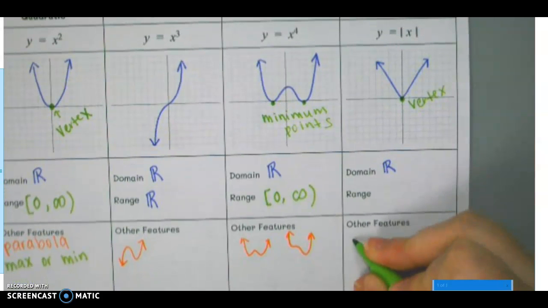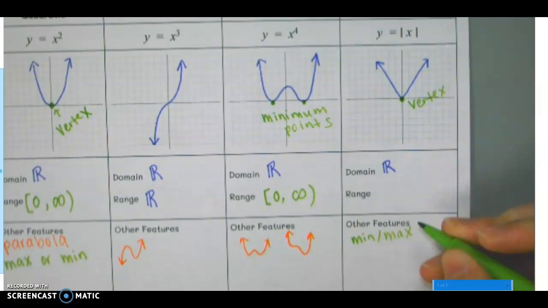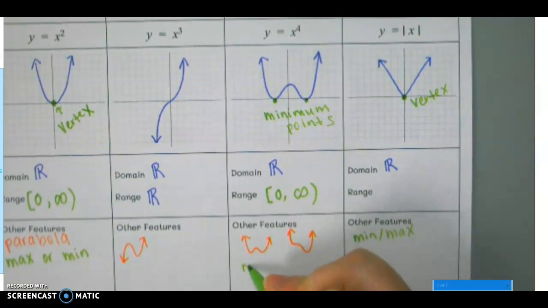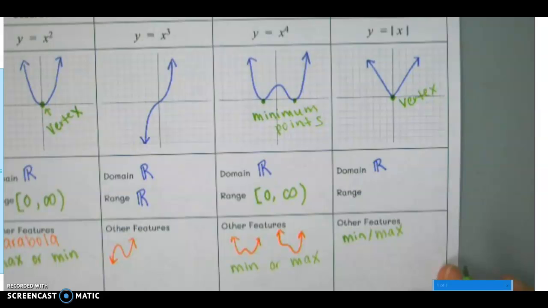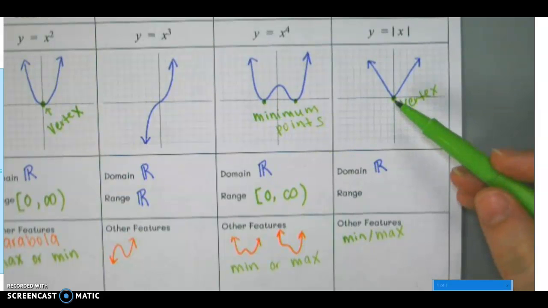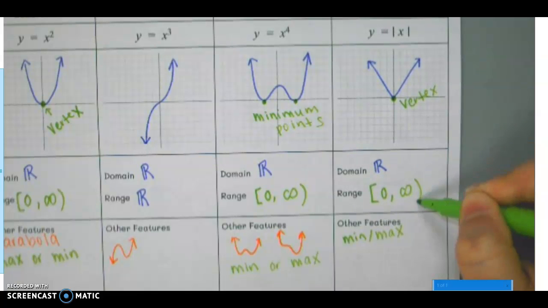So there will be a vertex that has a min or a max. And actually we'll put that for quartic too. Quartic will have a minimum or a maximum that you'll need for the range. So same thing, the y value of this point is 0. So the range for this is 0 to infinity.